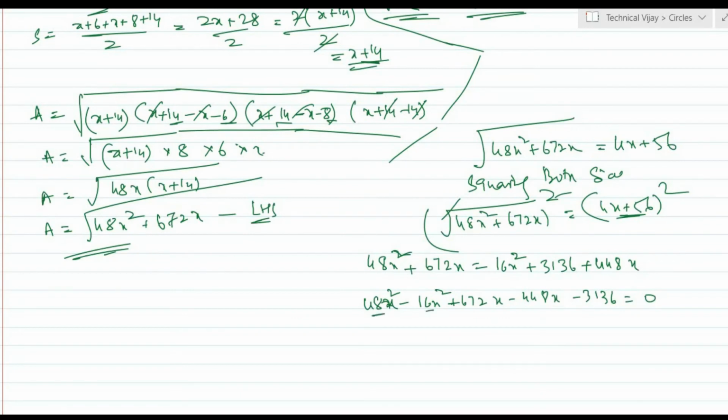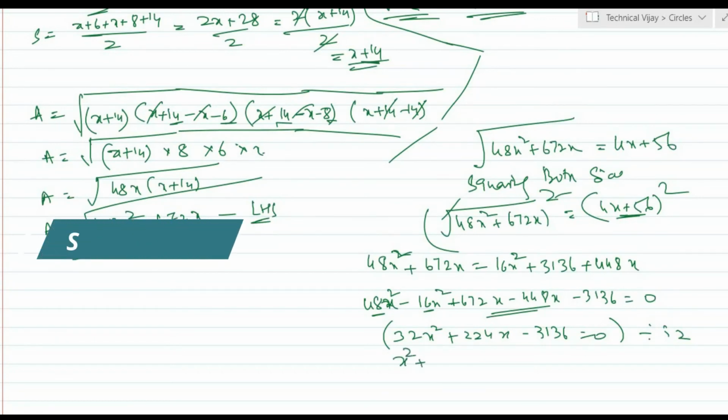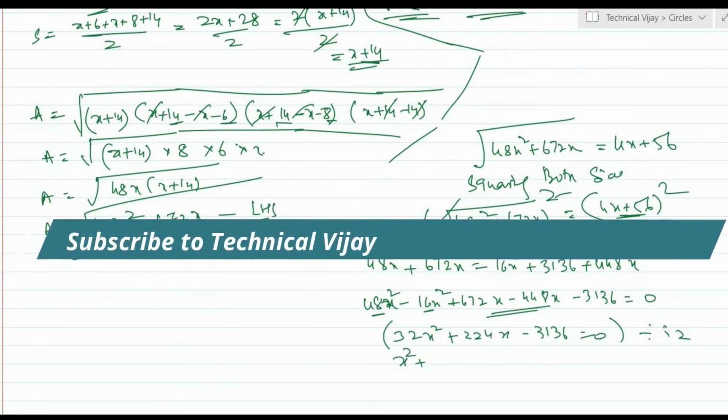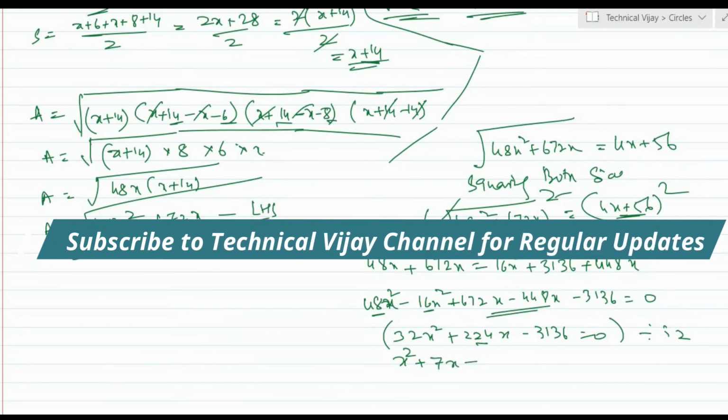So 48 minus 16 is 32, 32x square plus 672 minus 448, which is 224x, minus 3136 equal to 0. Dividing this whole equation by 32, we get x square plus 7x, since 224 divided by 32 is 7, minus 98 equal to 0.